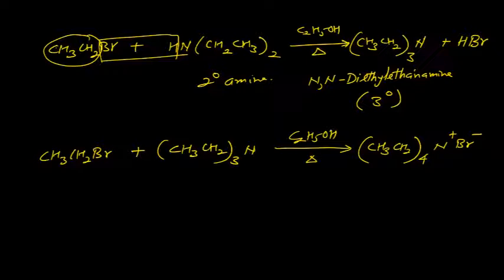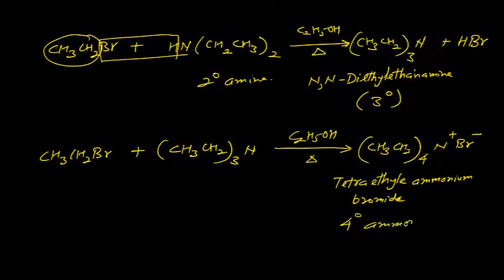So the name for this one, you can write down. There are 4 ethyl groups, so we will write tetraethyl, and it is actually an ammonium salt. Tetraethylammonium bromide. 4 degree ammonium salt. This is not an amine, this is an ammonium salt.